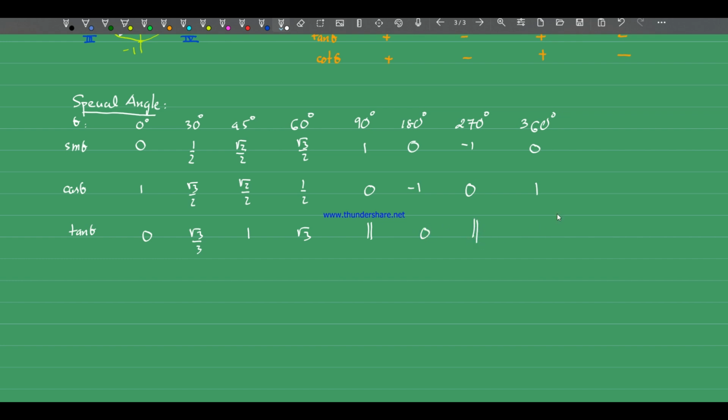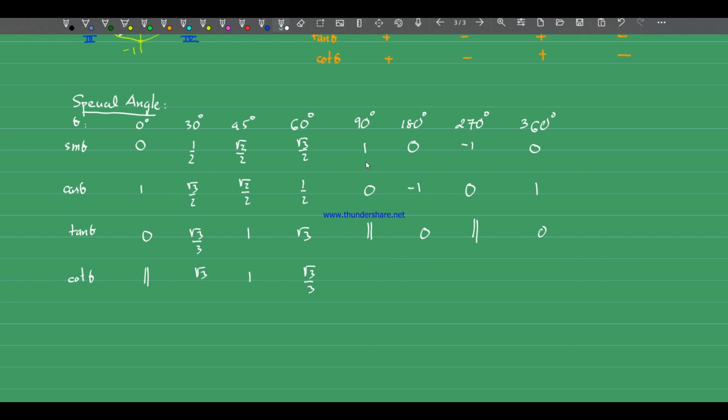This is undefined. This is 0. And same with cotangent, because if you got the tangent right, the cotangent will be right. This is undefined. This is square root of 3. Oh, I'm sorry. And this one gives you 1, and this one gives you square root of 3 over 3.